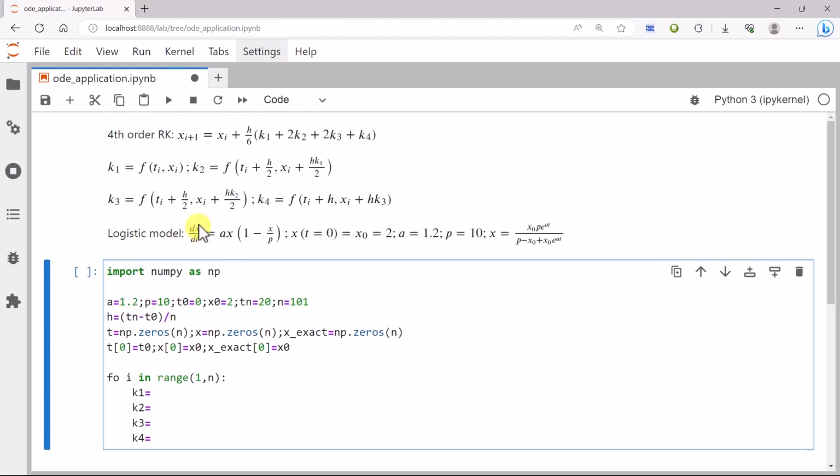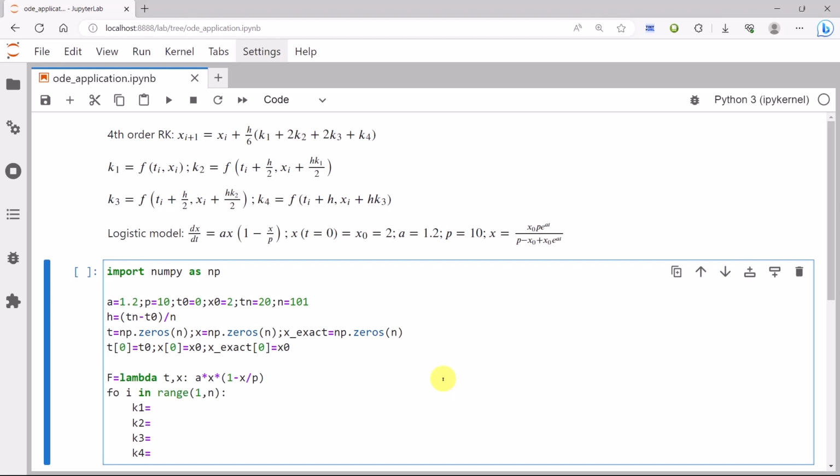Here I have to calculate this function, so it's best to describe this function, and I can define it as a lambda function. This is a lambda function of t and x. These are all functions of t and x. So lambda functions of t and x, and this will be a multiplied by x multiplied by 1 minus x by p. P we have described already, so there is no problem.